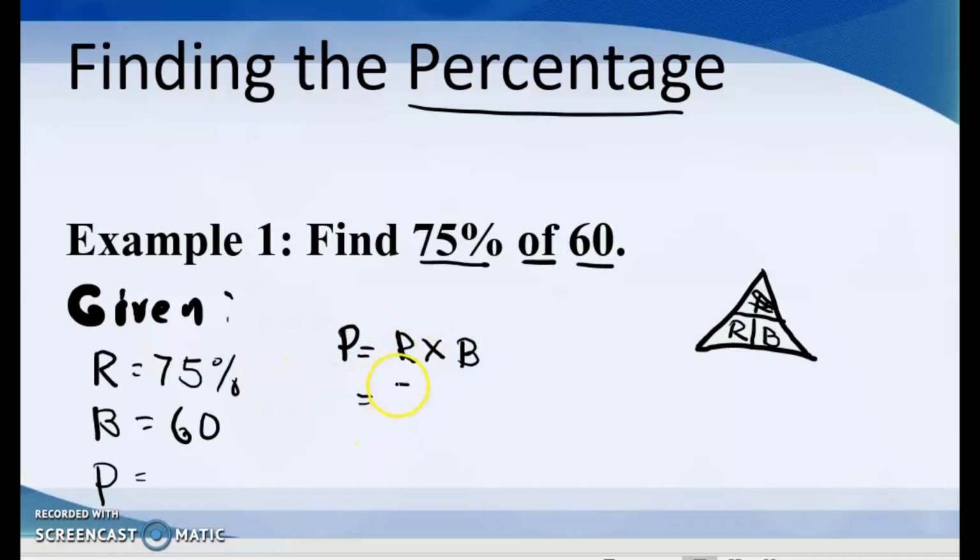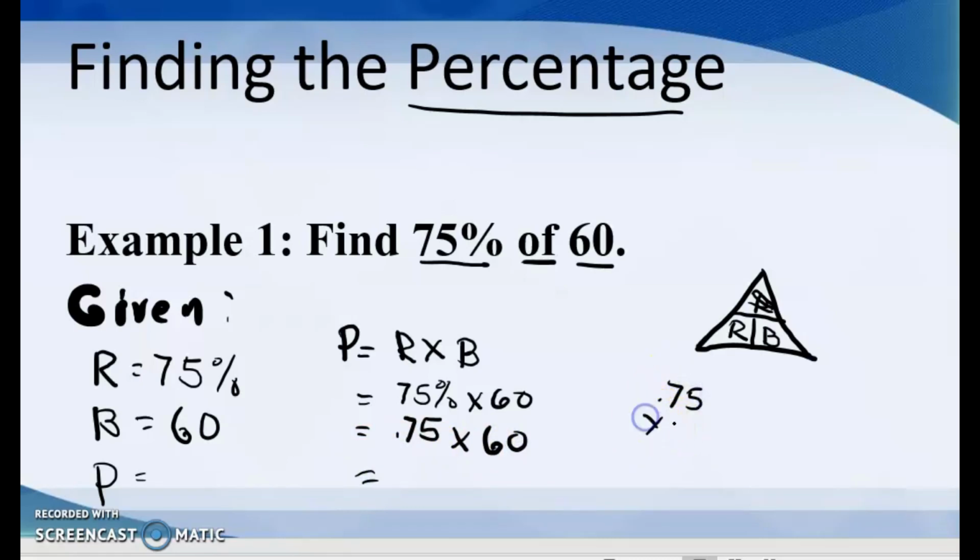Ano ba yung rate natin? That is 75% times 60. Yung 75%, gagawin natin siyang decimal. Divide natin 75 by 100, and that will give you 0.75. Parang nag-move lang tayo ng decimal point to the left ng 2 beses. Then, times 60. So, multiply natin.